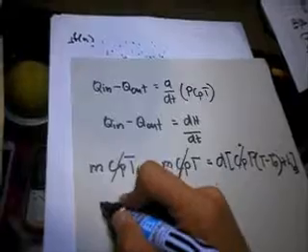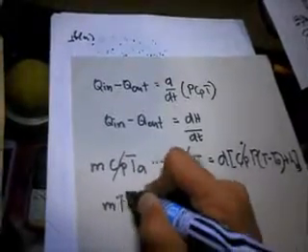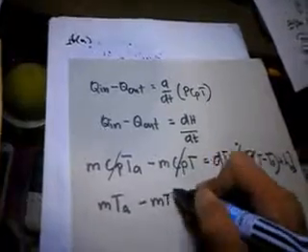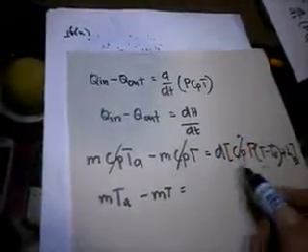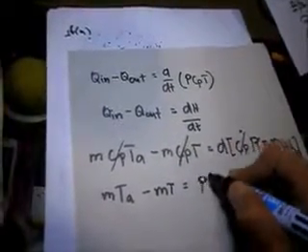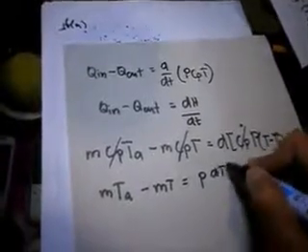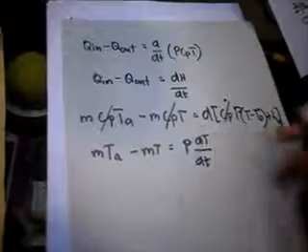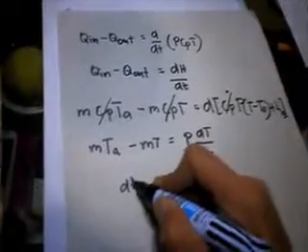And we have the equation M TA minus M T is equal to, if we differentiate this one, P dT over dt. Okay, and let's integrate this one.